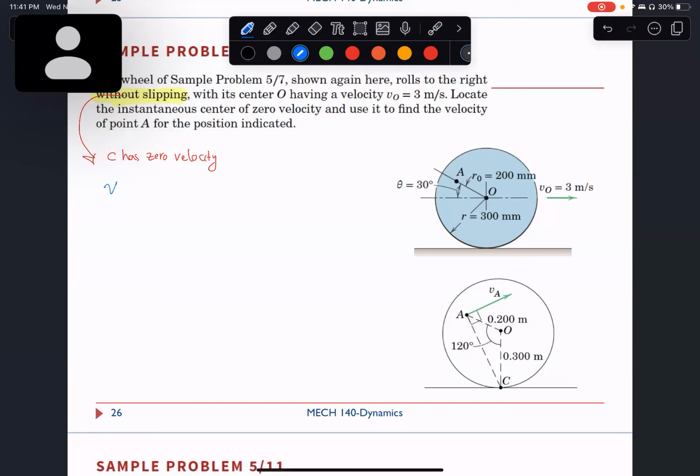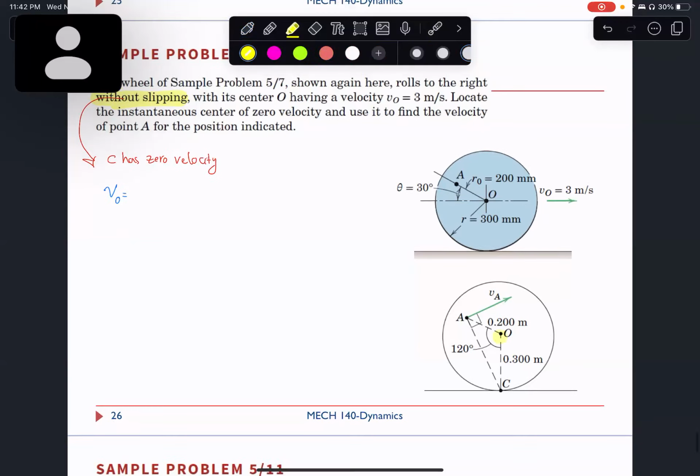Do you agree that V of O is going to be equal to this R, right? From C to O, let's call that OC. That means the length of O to C times omega of the body.